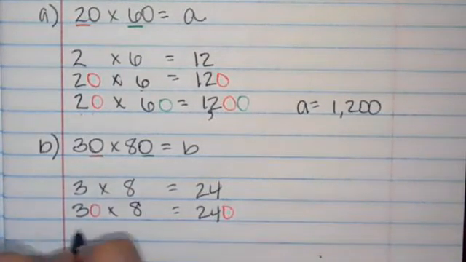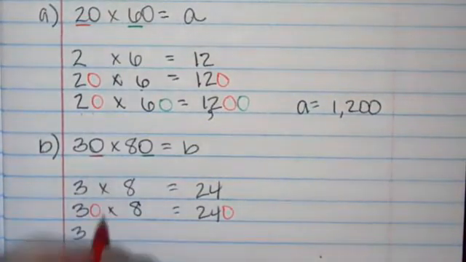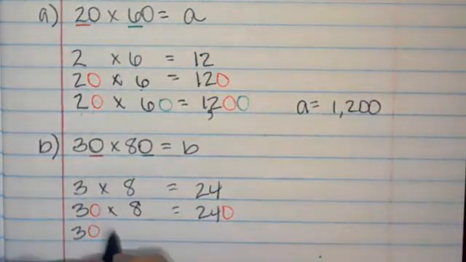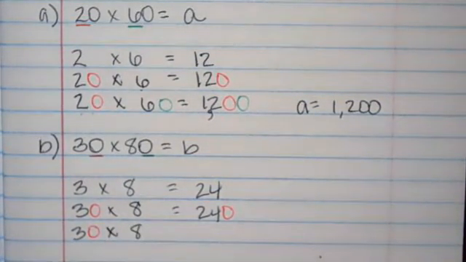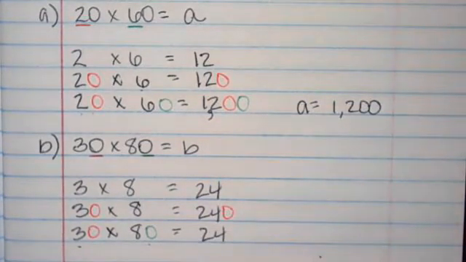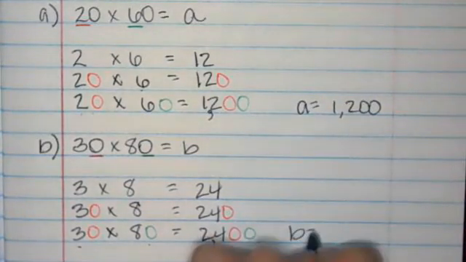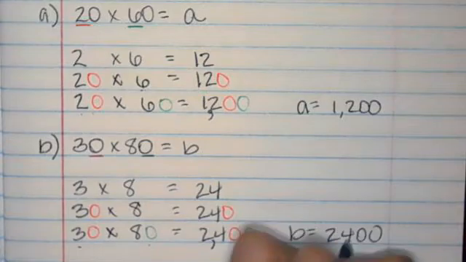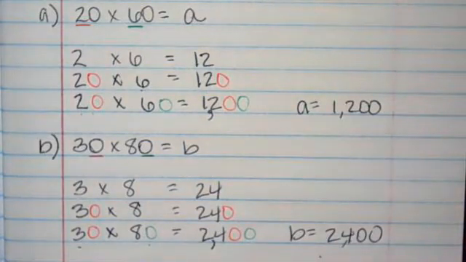Now I'm going to do 30 times 80, which is the 24 for my basic math fact, and the additional zeros to get 2,400. So B equals 2,400.